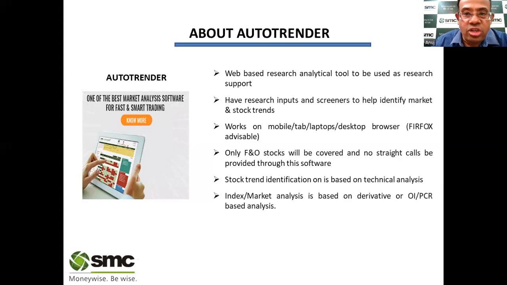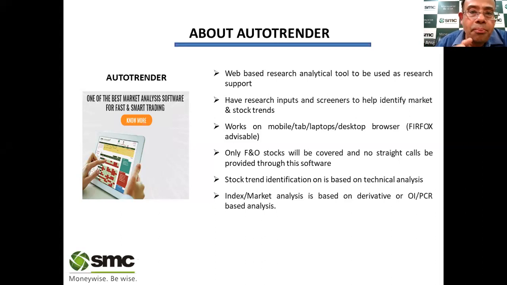As far as the structure of the Auto Trader goes, there are two parts to it. One deals with the stock analysis, and we have only catered to FNO stock just because we want to give you a proper 360-degree analysis when we are combining the derivative analysis with the technical analysis part.